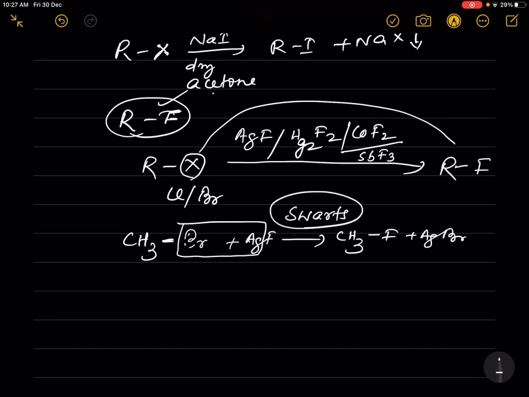In the Swarts reaction, you can get a fluoro derivative. Bromine is substituted by fluorine, so you get a fluoro derivative. One important example is there for the Swarts reaction.